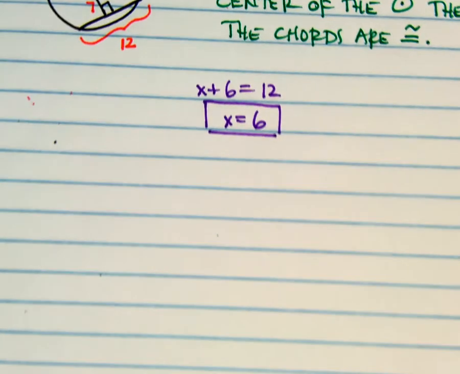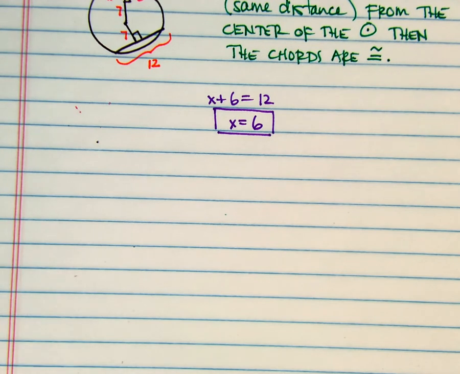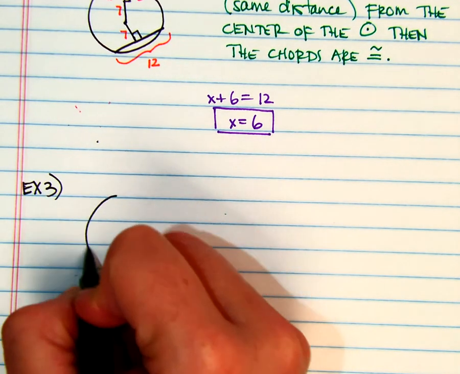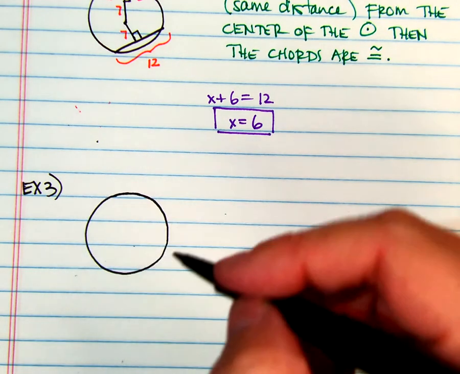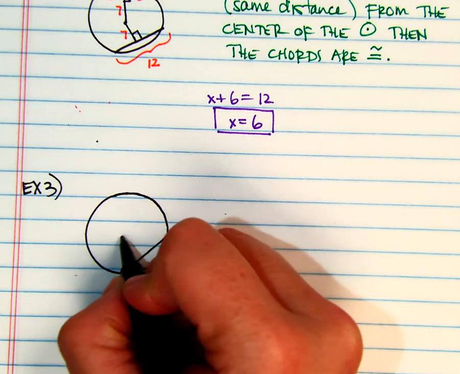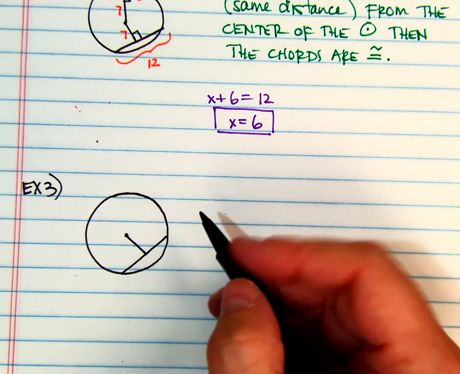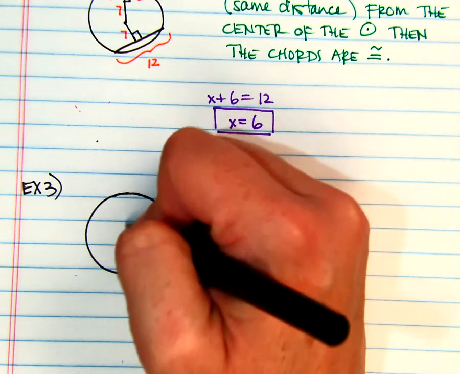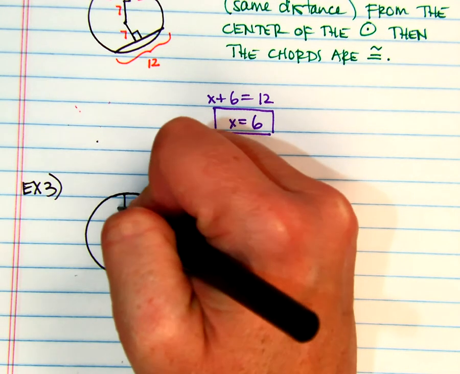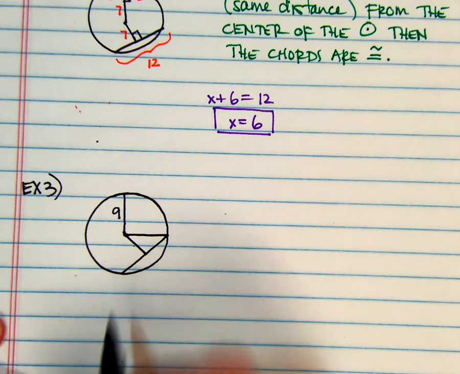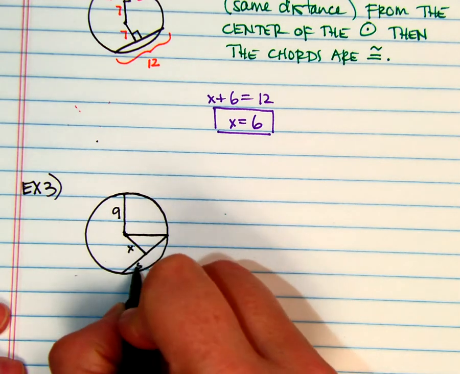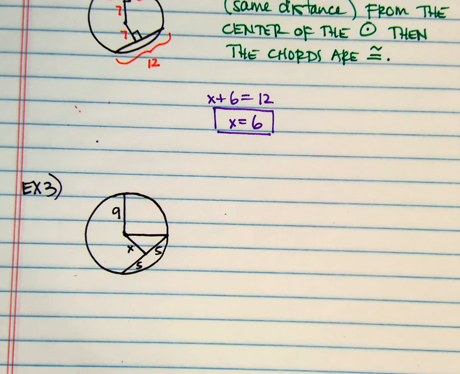In the last example that we're going to do, so this piece is x, and this little piece is 5, and that little piece is 5. Okay, so we know a couple different things just by this diagram.